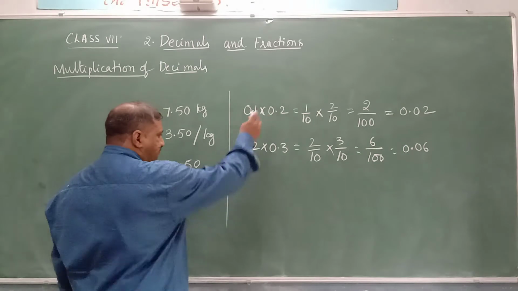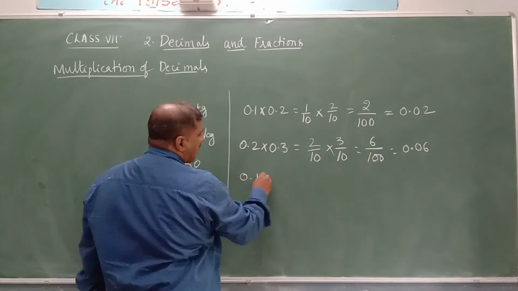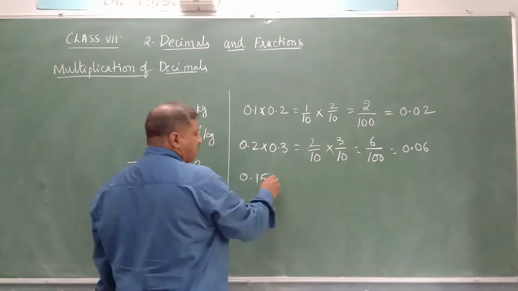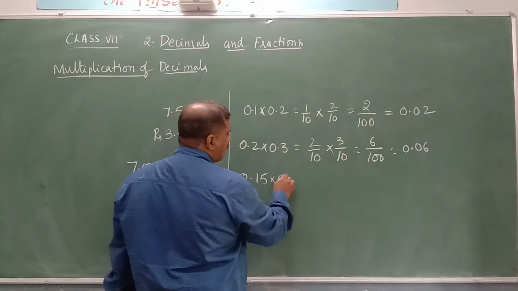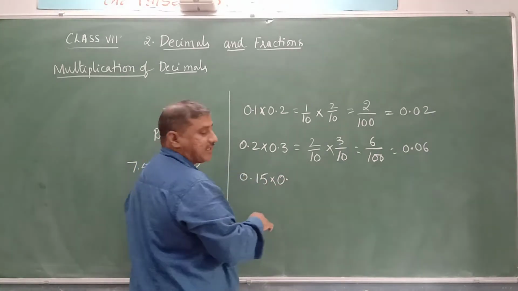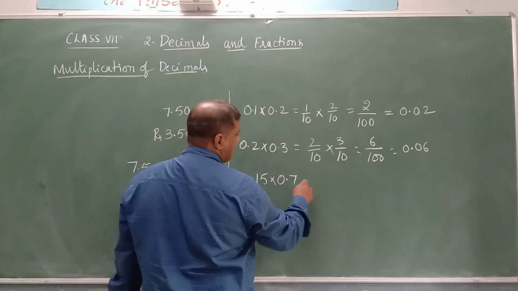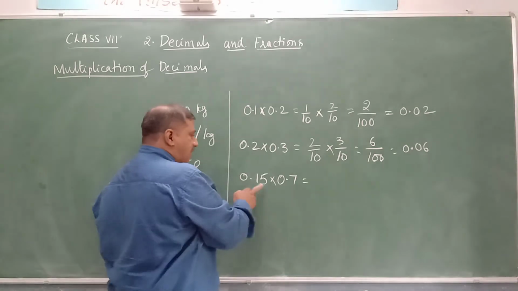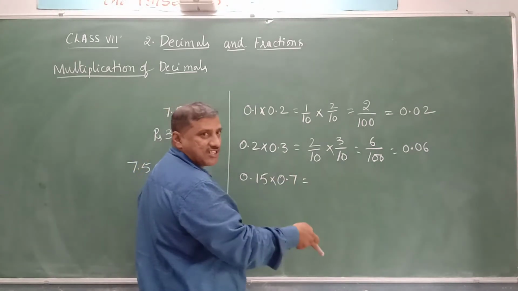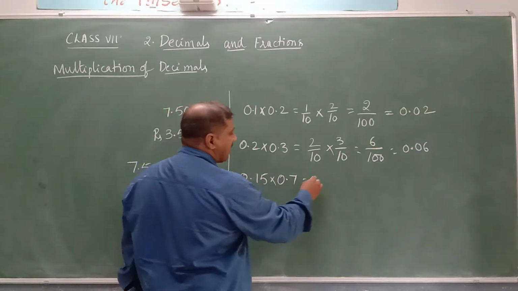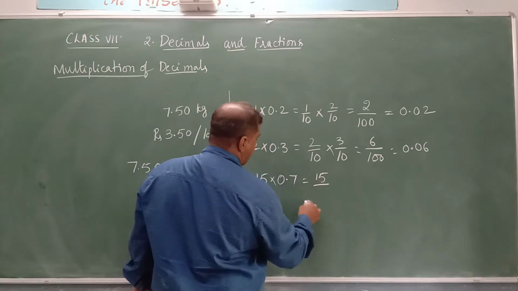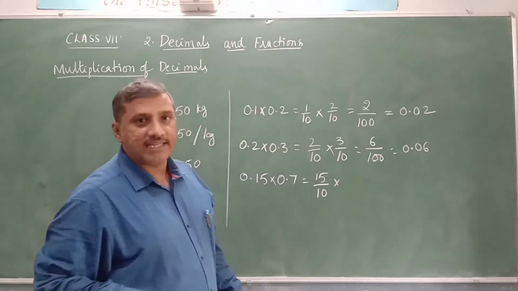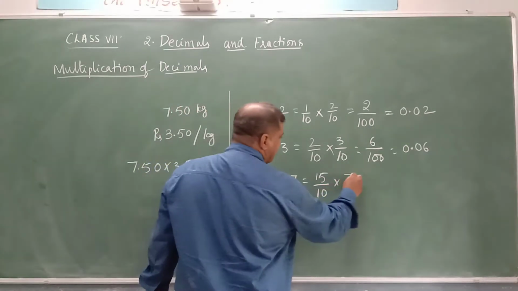One more example. 0.15 is multiplied with 0.7. Yes, how do we do this? Similar. 0.15, express this in the fractional form. 0.15 I will write as 15 by 10, into 0.7 is expressed as 7 by 10.